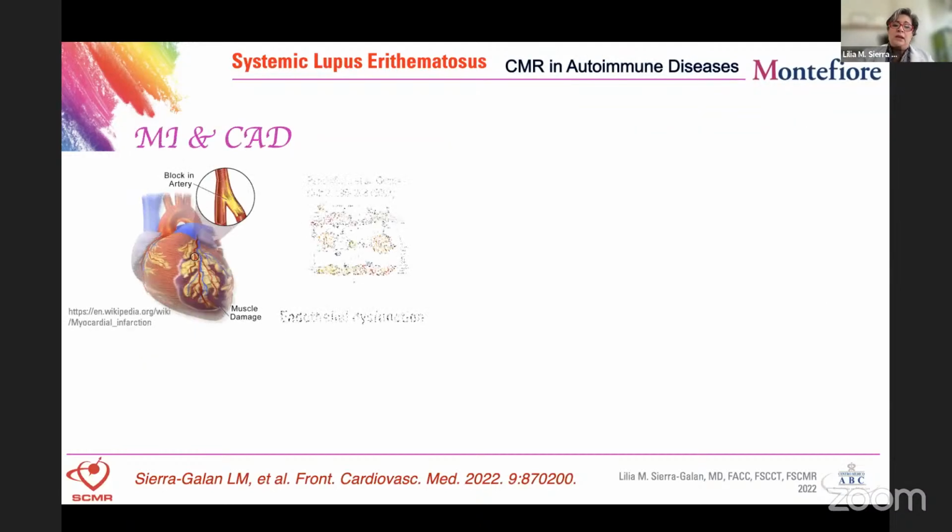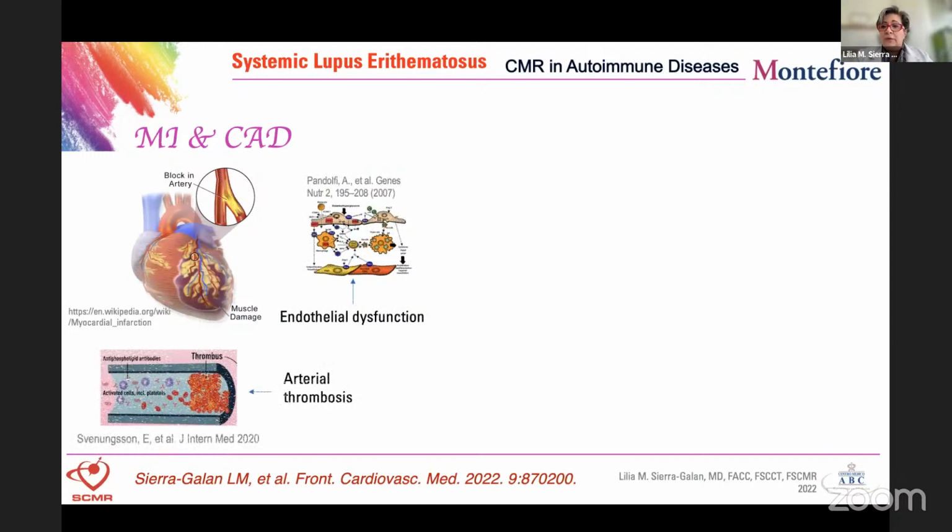Then the next part of the disease is coronary artery disease and myocardial infarction. Why these patients have coronary artery disease and myocardial infarction is due to different mechanisms. It's not from atherosclerosis. We are going to see an example of that, a very dramatic one.